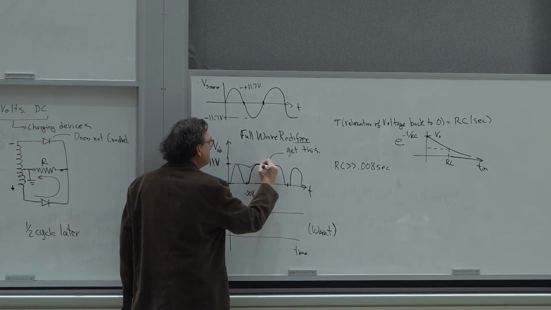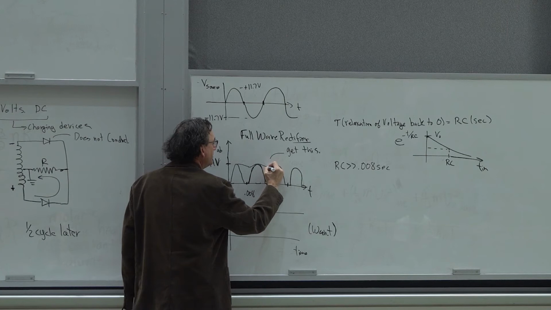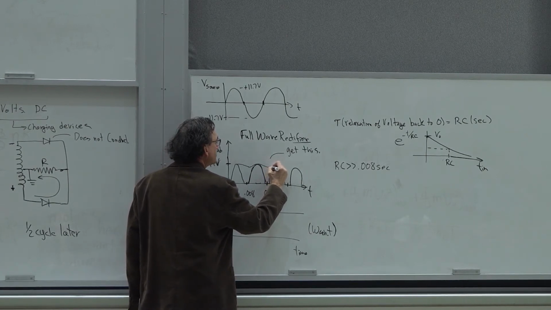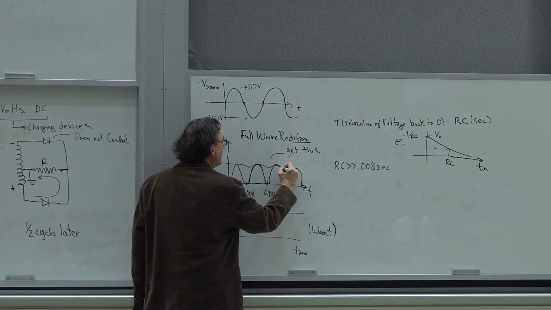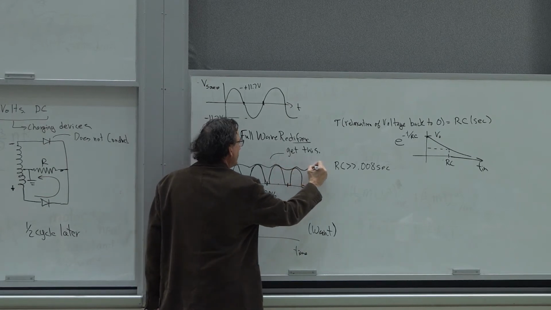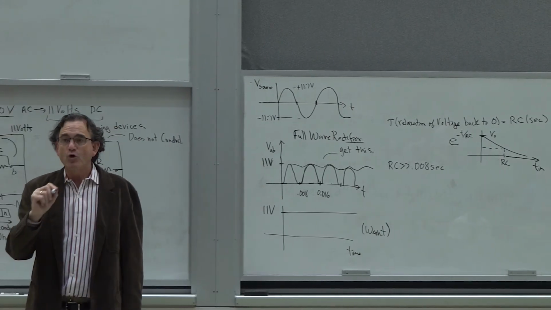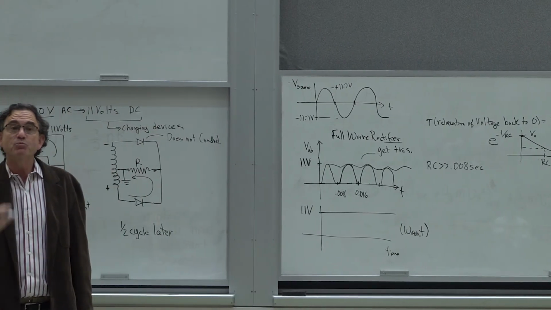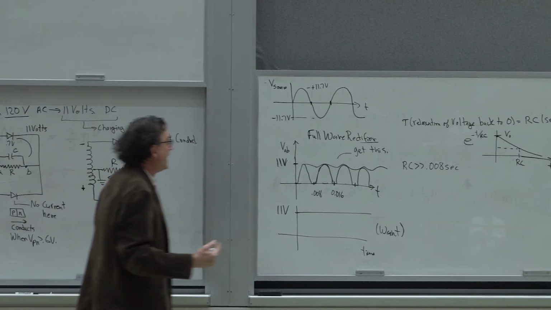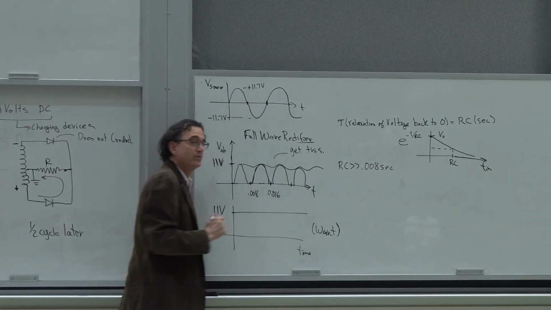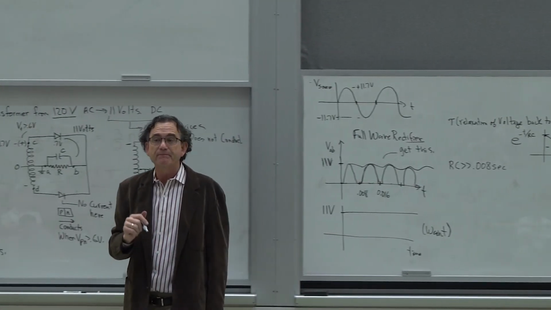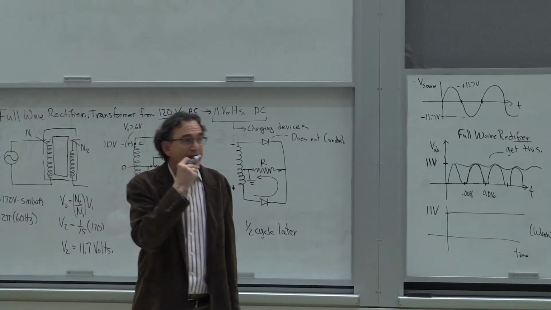Then it begins to bleed off and fall back down because the capacitor is losing its charge, but then the next pulse of voltage comes up and bumps it up. So the end result is that I get a nice smooth voltage that is much more regulated than I had with the pure rectified sine waves. Okay? And that's how you do it.